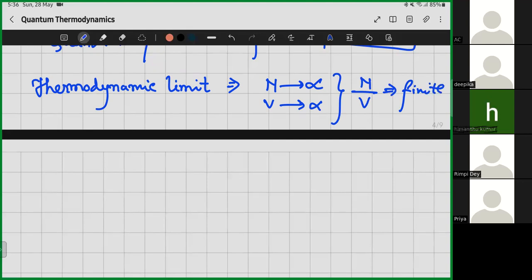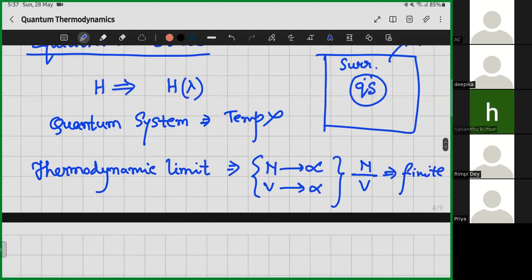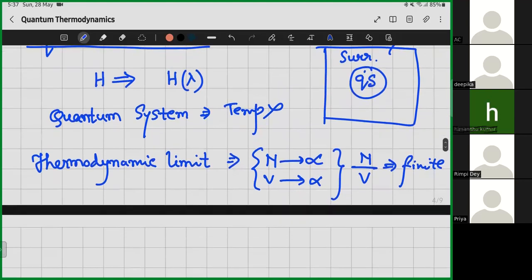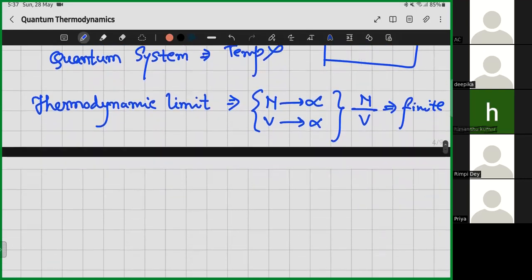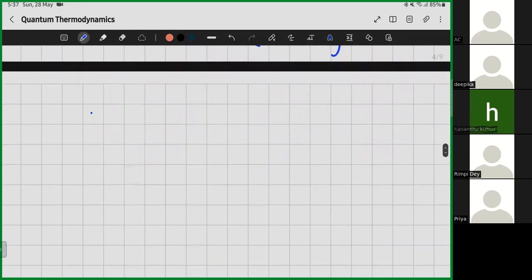But in quantum mechanics, this thermodynamic limit is not valid. So how can we define an equilibrium state for a quantum system? That's why we need some definition, and that is the Gibbs state, the equilibrium density operator.